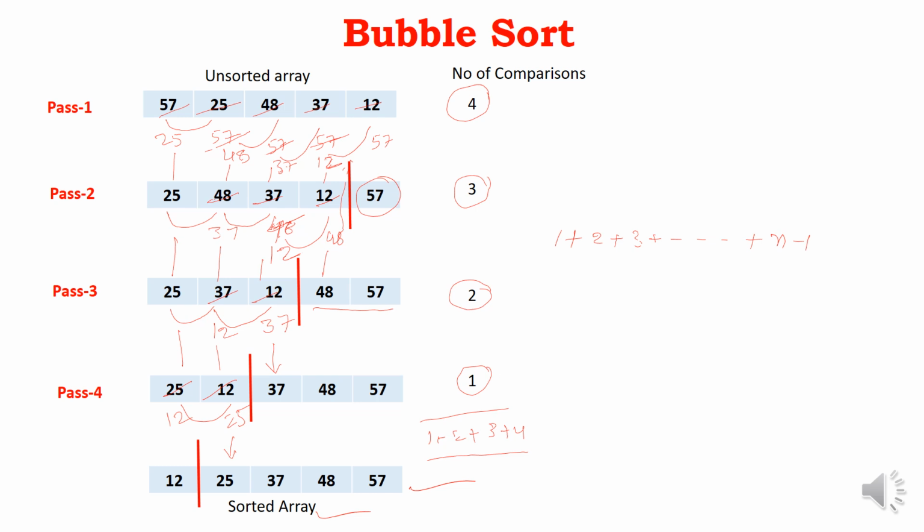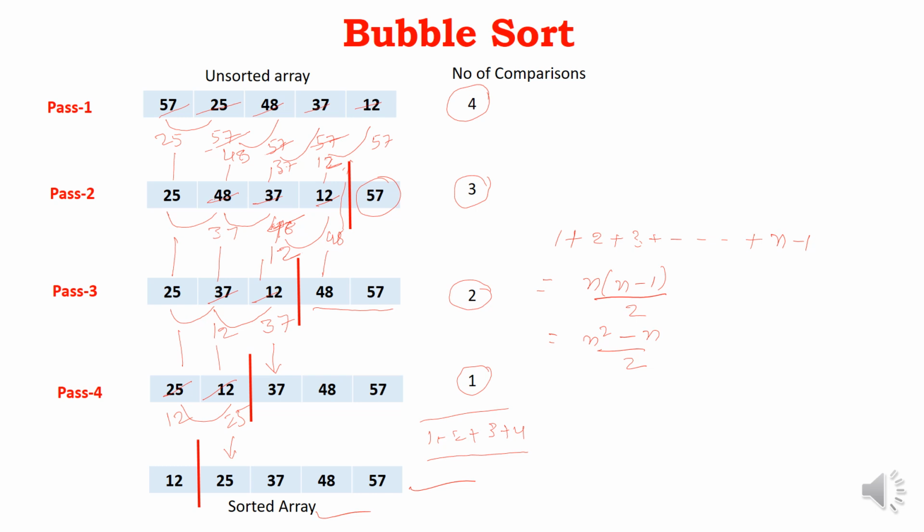There will be n minus 1 passes. The total number of comparisons will be 1 plus 2 plus 3 plus 4 plus up to n minus 1, which is equivalent to n into n minus 1 by 2 through induction, which is n square minus n by 2.